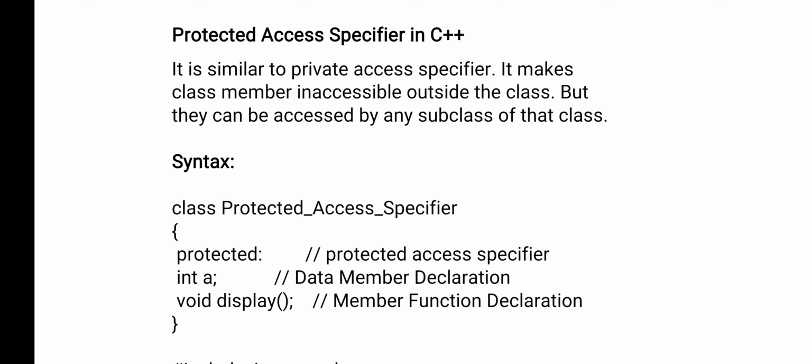So in the inheritance process, if you want to give permission to use your properties only to your subclasses, then you declare those properties as protected. Whatever data members and member functions you have declared inside protected can be accessed by your class and its child classes, only by its child classes.